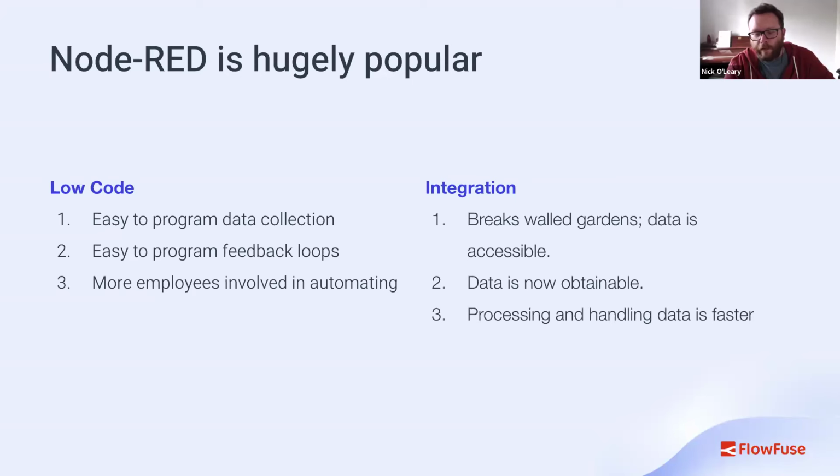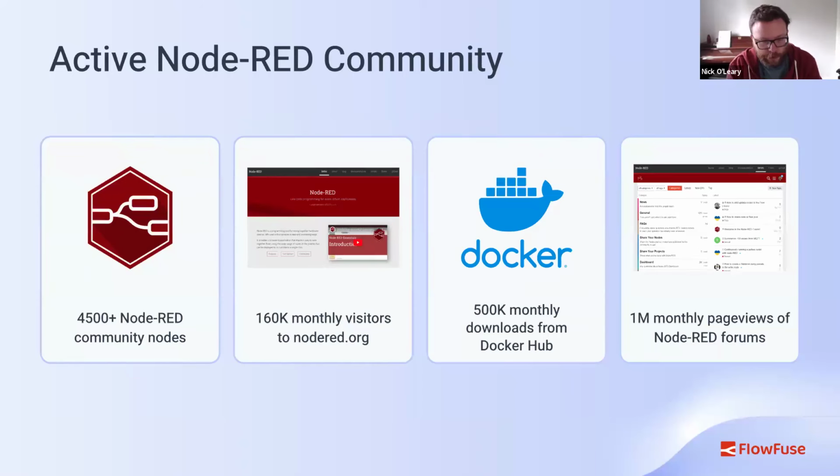But yeah, I think it is the power of what Node-RED can do, but it's just as much the power of the community. We have a huge, vibrant user community in the Node-RED world. And these numbers are probably already vastly out of date, but they really give you a sense. There's a lot of activity on the website, an incredibly engaged community in the forum. The sheer number of downloads of Node-RED from npm, Docker, wherever it may be, blows me away.